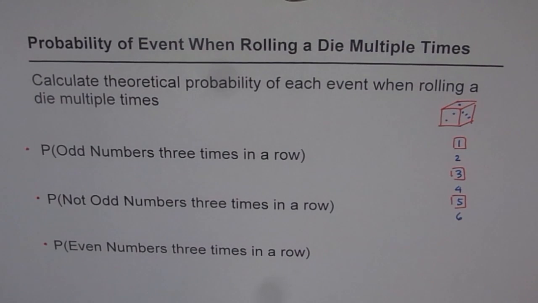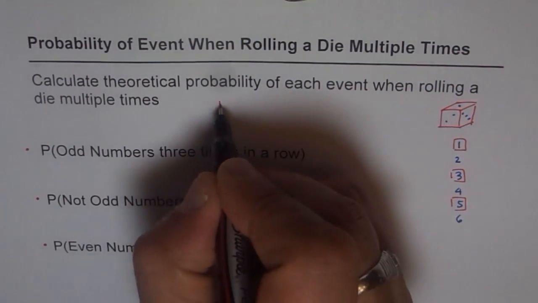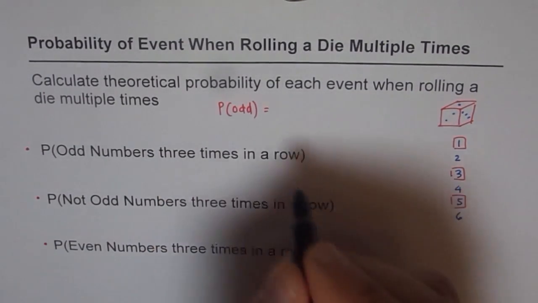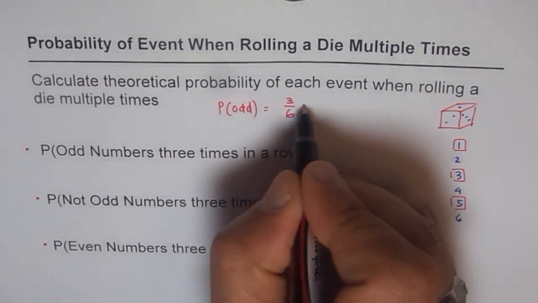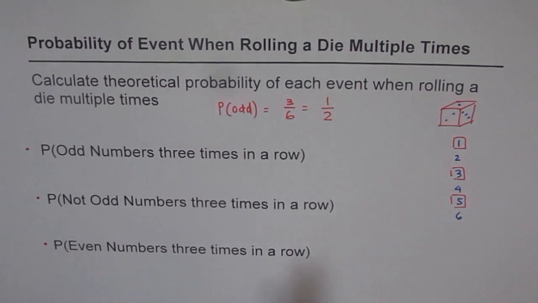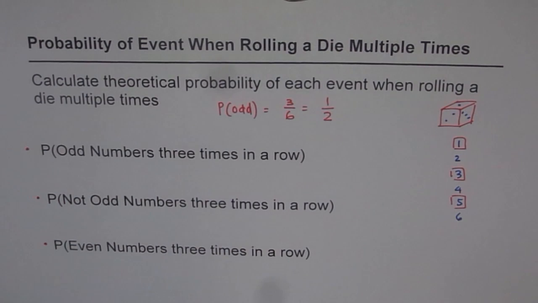So there are 3 odd numbers. So probability of rolling an odd number is how much? Let's figure that out. So probability of rolling an odd number is actually 3 out of 6. And 3 out of 6 can be simply written as 1 over 2. So that is the probability of rolling an odd number once, first time.